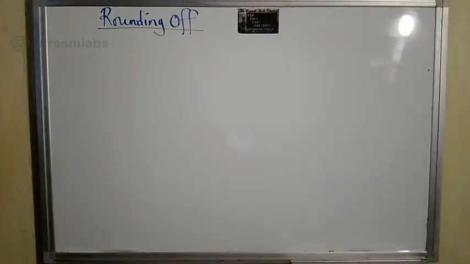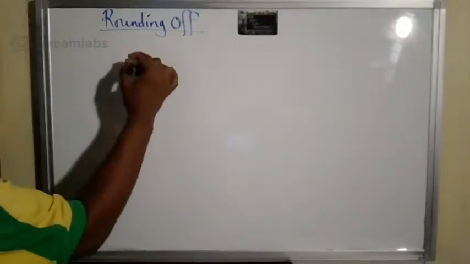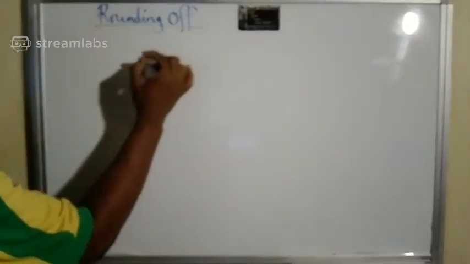Another day, still decimal places. But before we even start my question, we could just talk about rounding off. It just means, for example, so we're given 3.